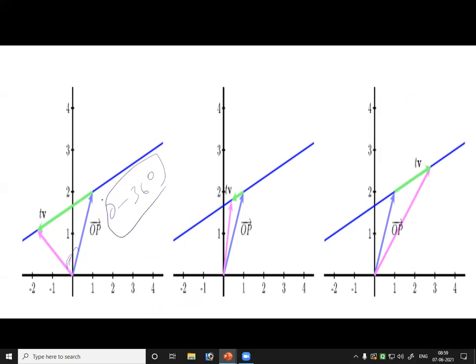So automatically the slope defines the direction. This is another slope. So these are some examples of lines in two-dimensional space.